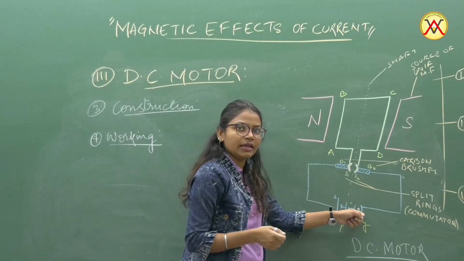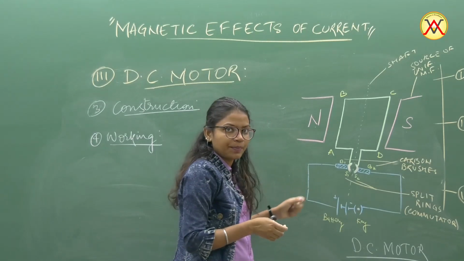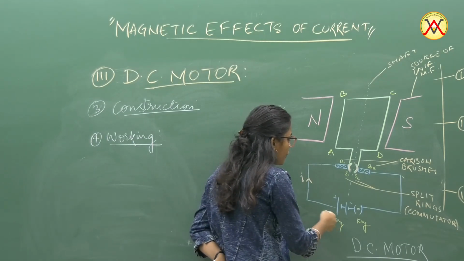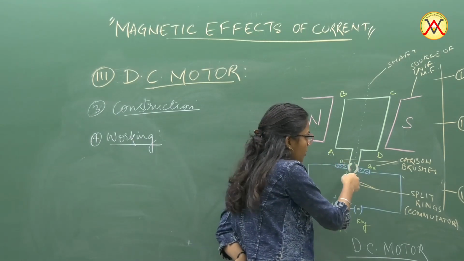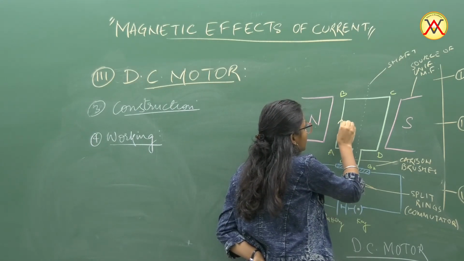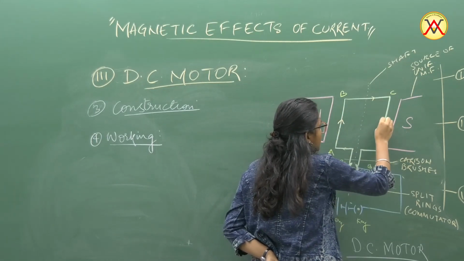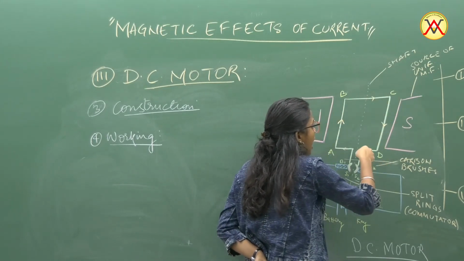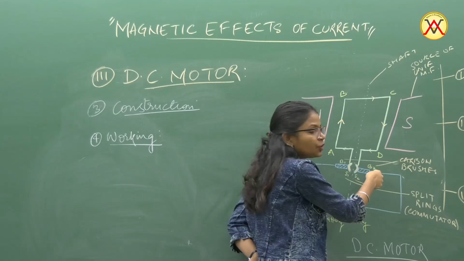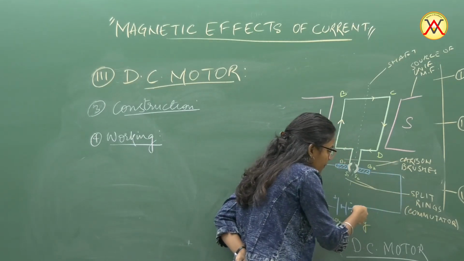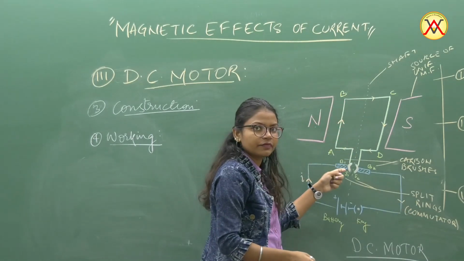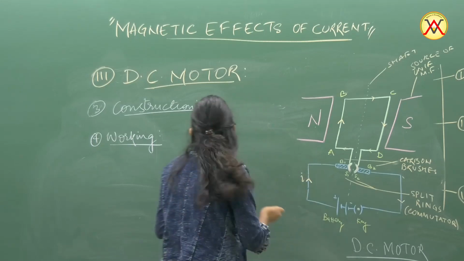As soon as the key is closed, the circuit is complete and current starts flowing from battery to B1, from B1 to S1, from S1 to A, B, C, D arms of that coil, from there again to S2, from S2 to B2, then from key to battery again. This is the first path of the current. This will be the first point of our working.